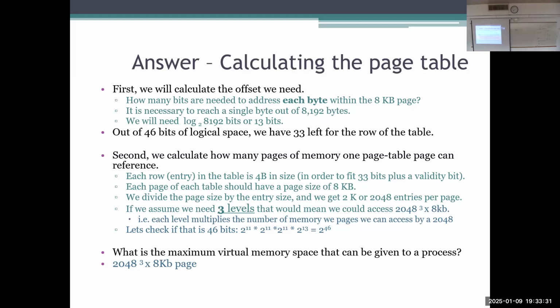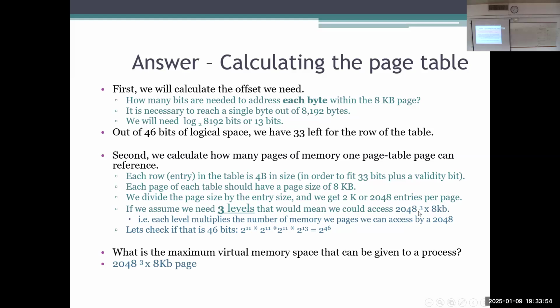Well, we would have 2048 at the first level. And then each of those 2048 would point to 2048. So that's 2048 times 2048. And if we had a third level, then each one of those could point to 2048. So it becomes 2048 to the third.